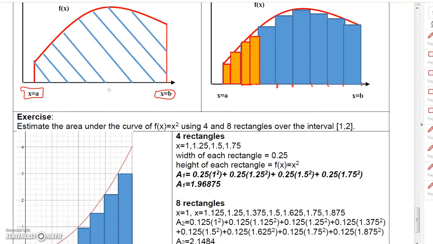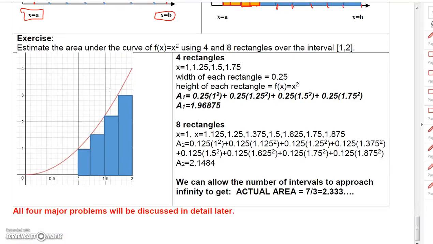This is discussed in detail later in the course, but right now let me give you a small insight into it. Let's say that we wanted to estimate the area under the curve f of x equal x squared using 4 rectangles, only from the interval 1 to 2. Here you can see the curve y equal x squared, and there's x equal 1, and there's x equal 2.